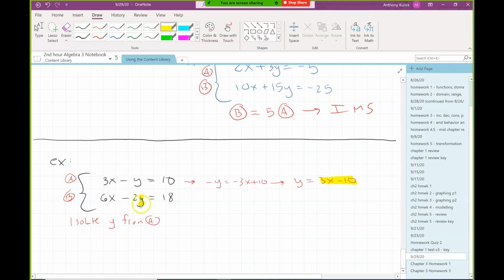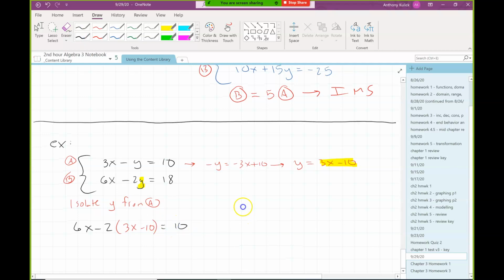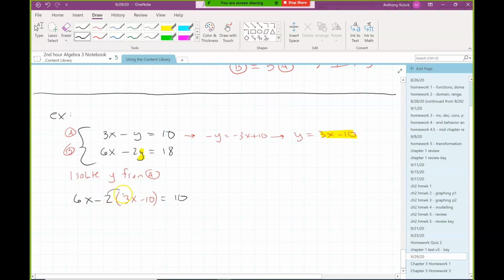And I'll substitute it back into equation B. And then we'll just distribute the 2.